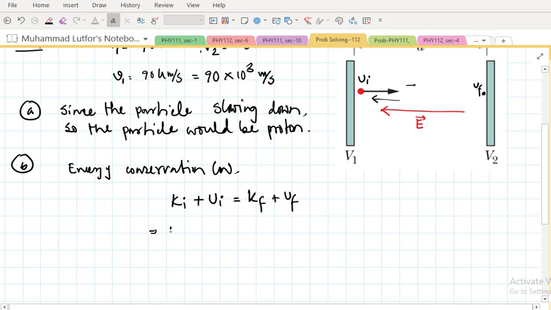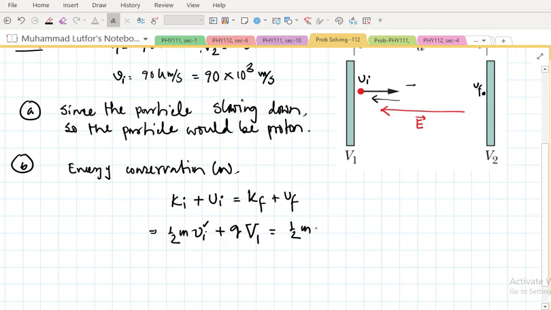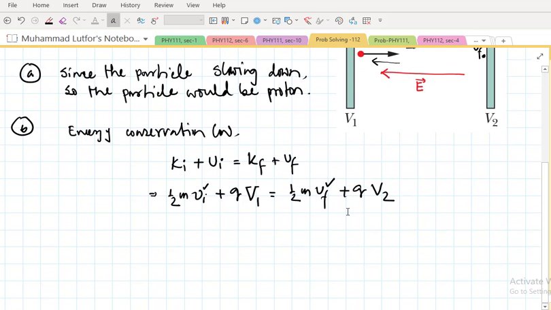So kinetic energy initial is half m Vi square, where Vi is the initial speed, plus the potential energy Q into V1, which is the electric potential, must be equal to half m Vf square, which we want to find out, plus Q into V2, the potential at plate 2. Now we can multiply by 2 on both sides.